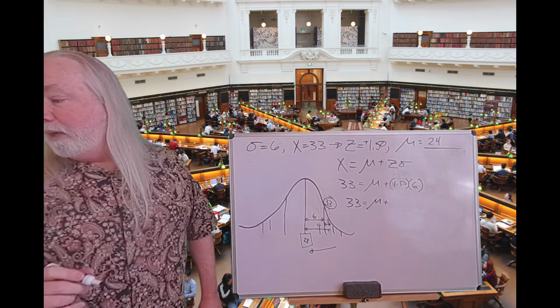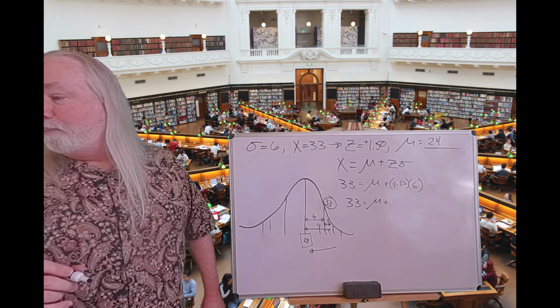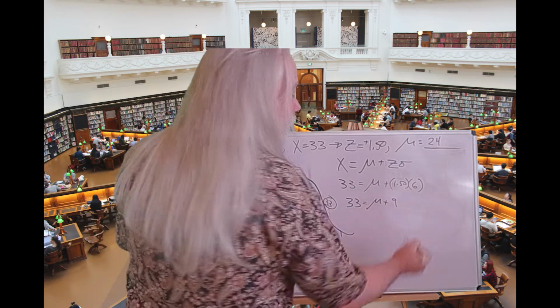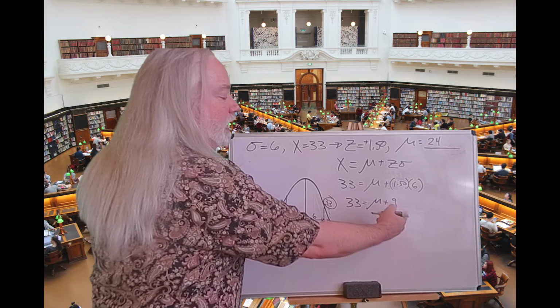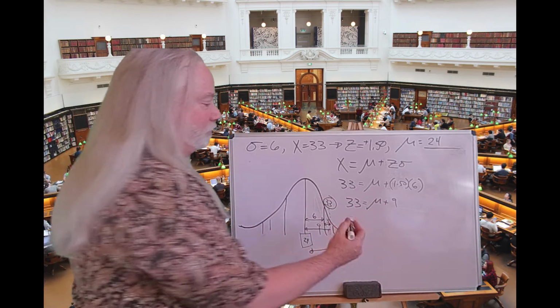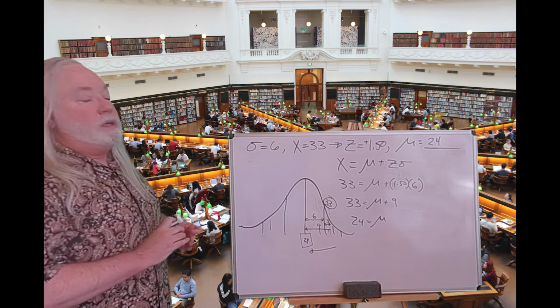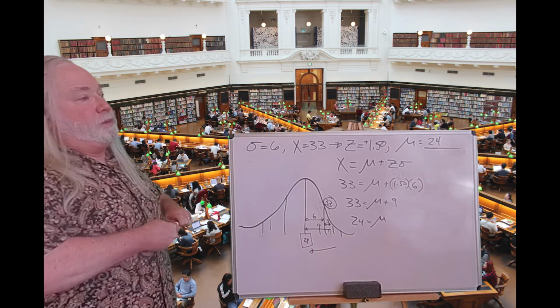So our 6, we multiply that by our 1.5, that gets us 9. To cancel that 9 out, we subtract 9 from both sides. And again, of course, the same answer.